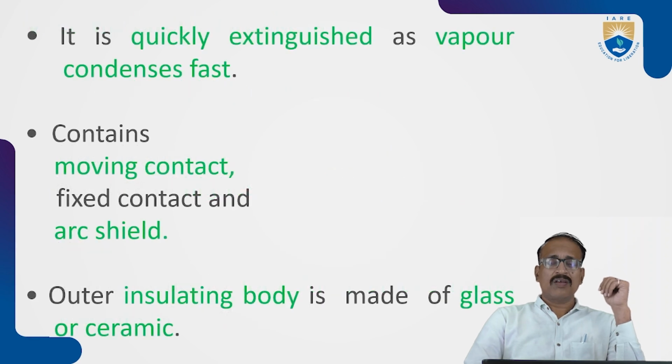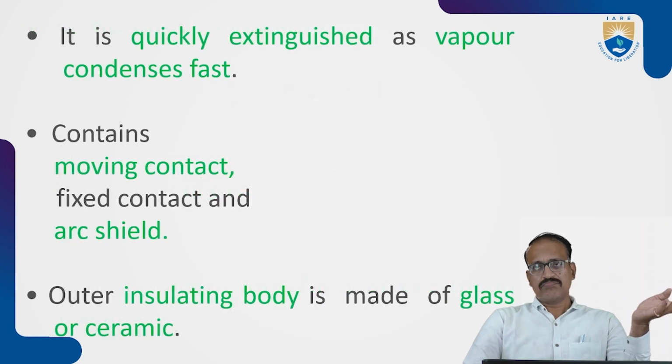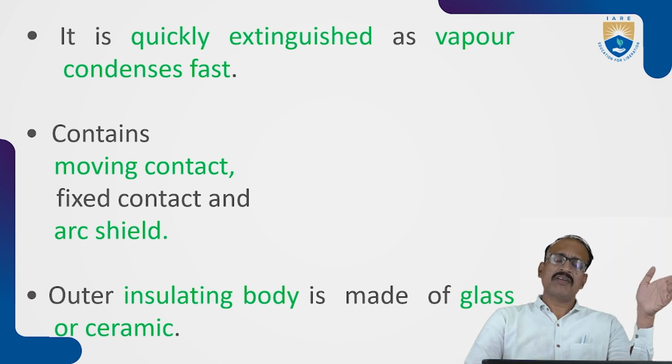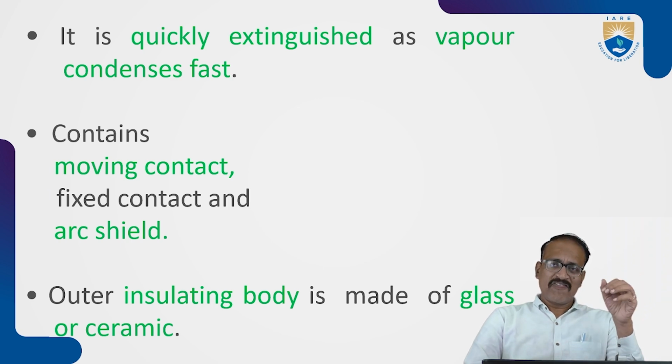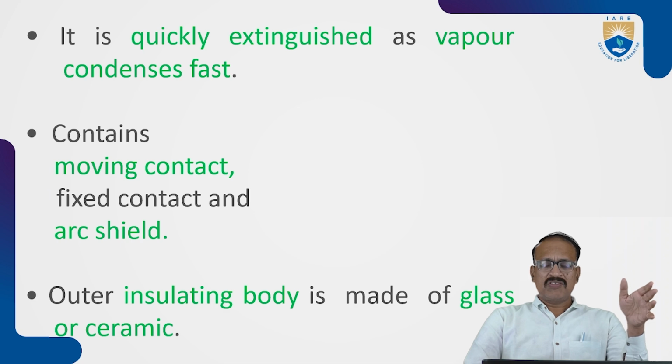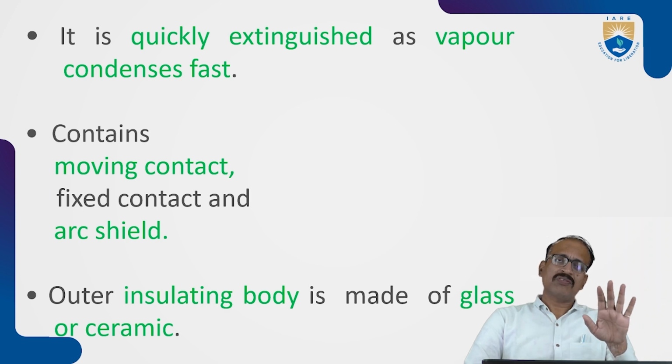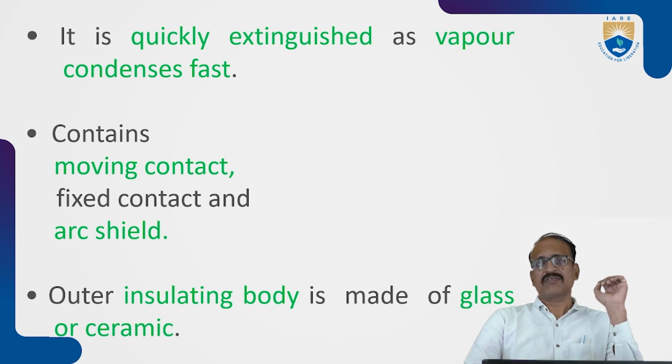So theoretically we thought that if there is no medium at all, if we are able to create a vacuum, there is no chance of striking an arc. But practically, in the vacuum also, the arc is striking.